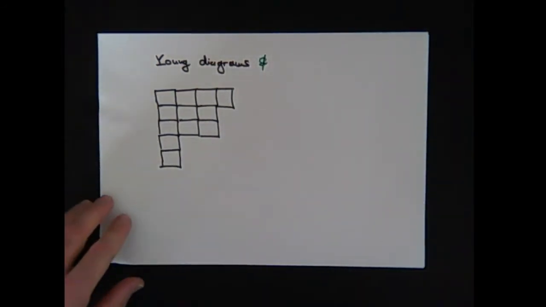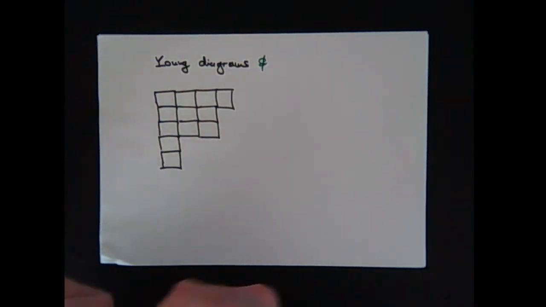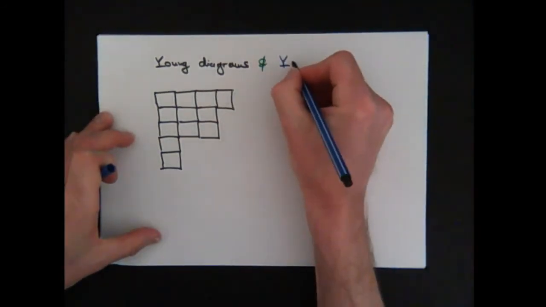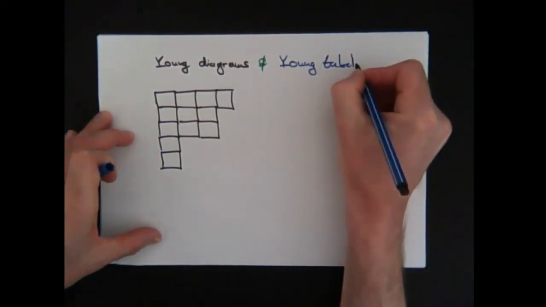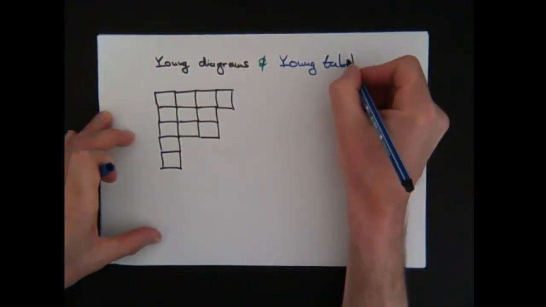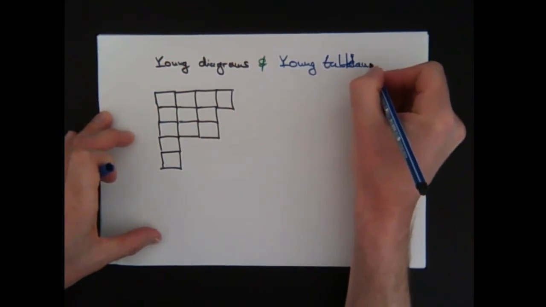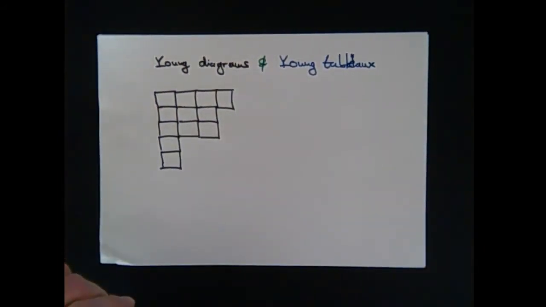and we can turn this Young diagram into a Young tableau by writing numbers into the boxes.